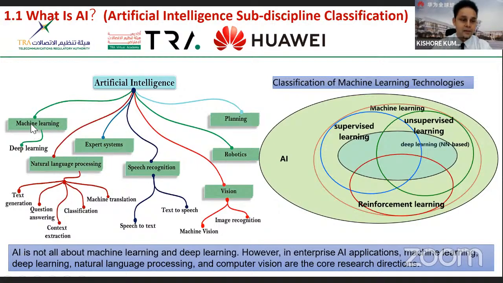Then again, machine learning is also divided into different parts, but deep learning is one of them. And as you can see from the left picture, these are very popular and well-known subsectors of AI. Besides these subsectors, we do have other subsectors, but we'll not talk about them in this class. So that's to give you an overview of the subsectors and how it's organized. On the right-hand side, as you can see, the classification of machine learning, right? Machine learning is the core of AI.